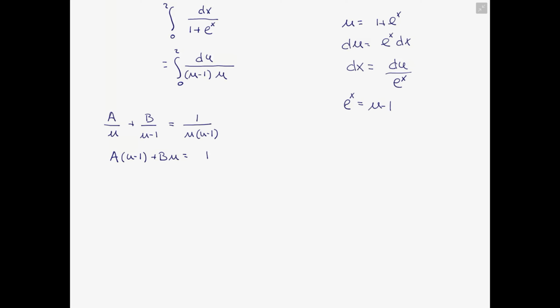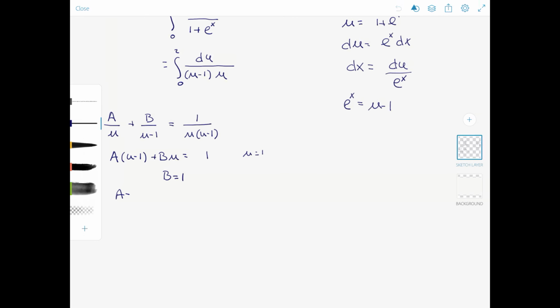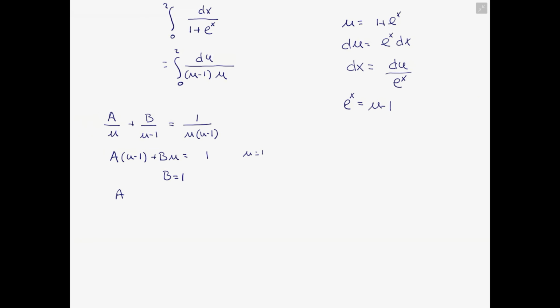Okay, so we got a(u minus 1) plus bu equals 1. Let's try u equals 1, b equals 1. We're going to do a(u minus 1) plus bu equals 1.